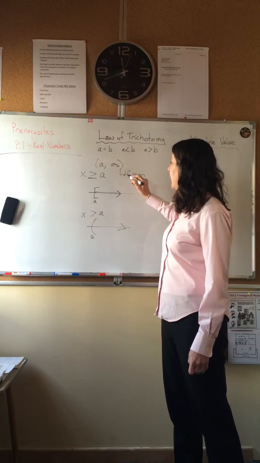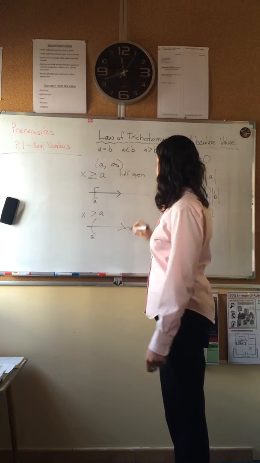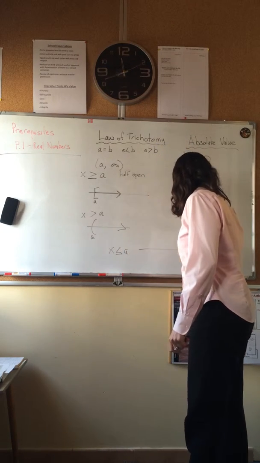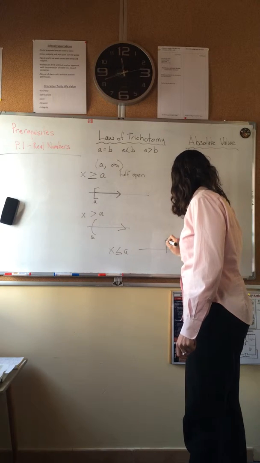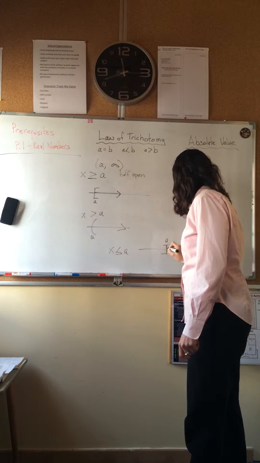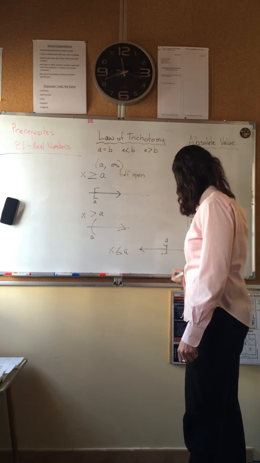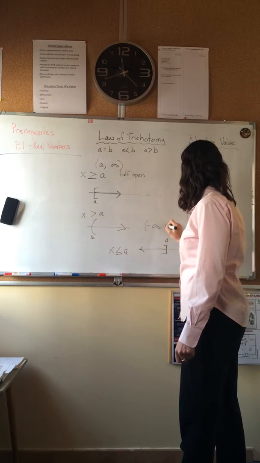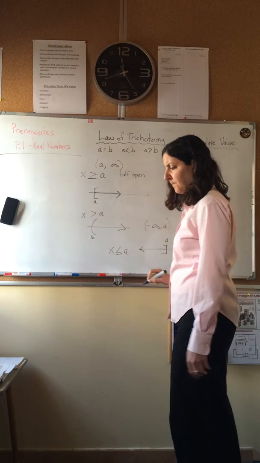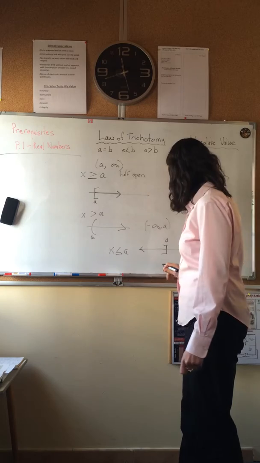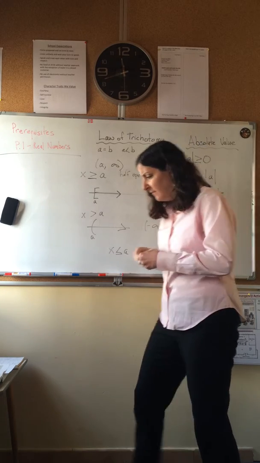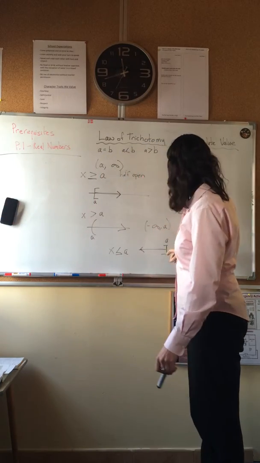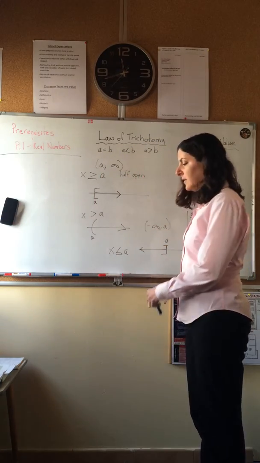If it was going the other way, if we had X is less than or equal to A, and you had a number line and say this is A, and it was going in this direction, then this would be negative infinity to A. Because you want to always put the one on the left and then the one where it goes to the right.